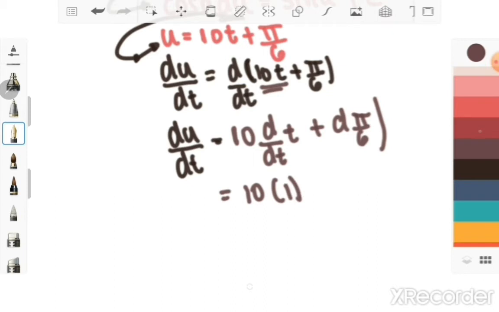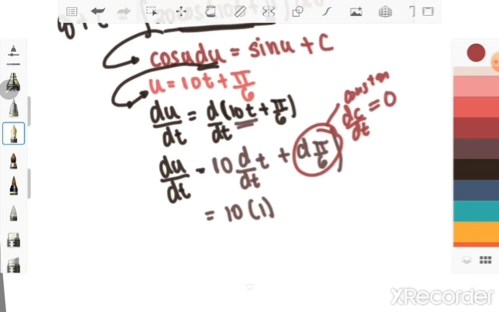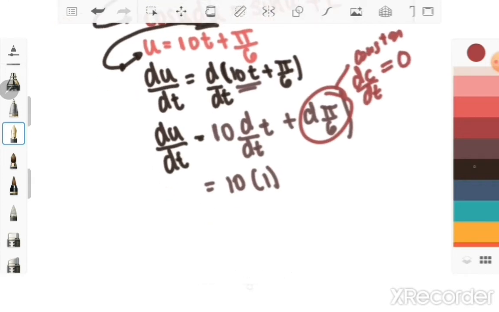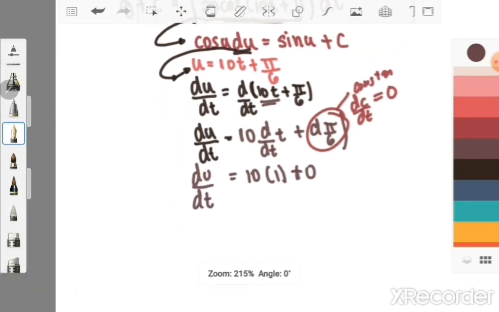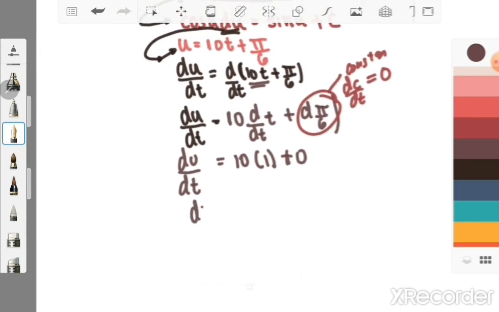And the derivative of pi over 6, take note that this is a constant. The derivative of a constant with respect to t is always equal to 0, right? So, therefore, plus 0.